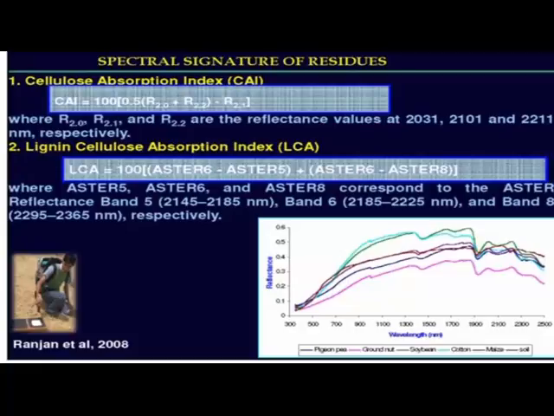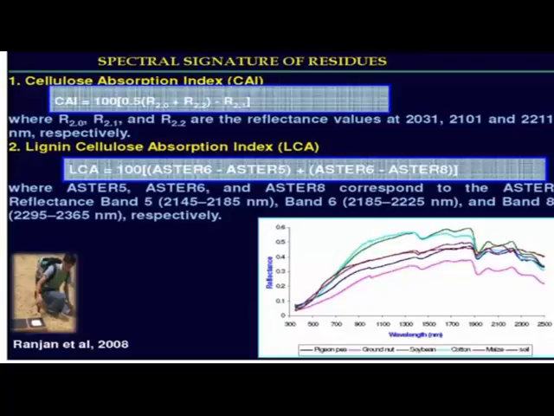So having this spectra, one can also quantify the lignin and cellulose content in all these residues. Looking at these wave bands, one can quantify the cellulose absorption index, also the lignin cellulose absorption index, which can be used on a spatial scale for carbon sequestration.